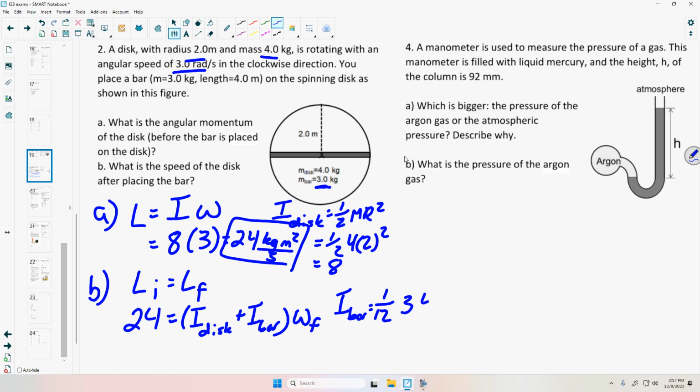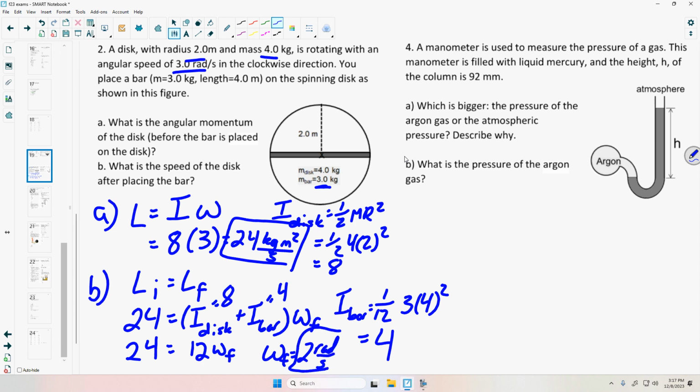The length of that bar is 4 meters, squared. 3 times 4 is 4. So I of the bar is equal to 4. I of the disk is equal to 8. So I get 24 equals 12 omega F, or omega F equals 2 radians per second. And that's the right answer.